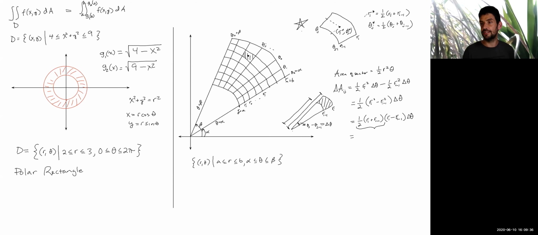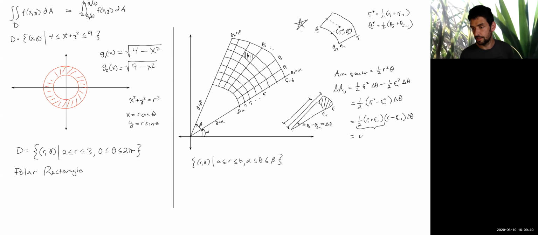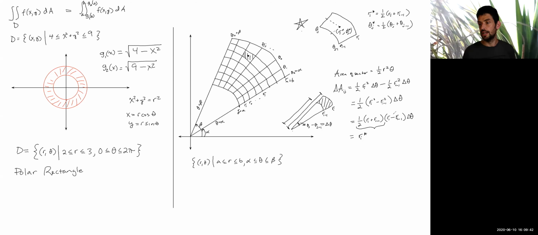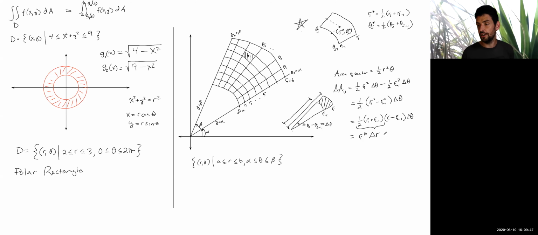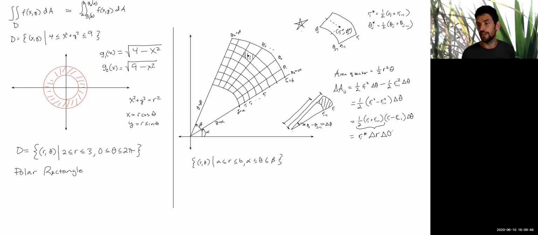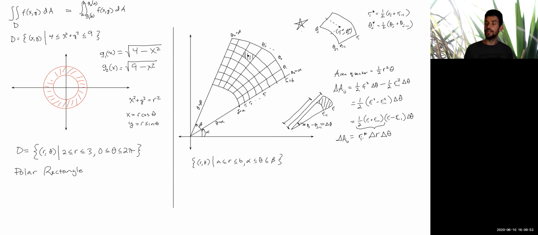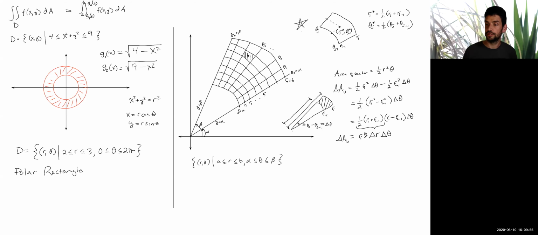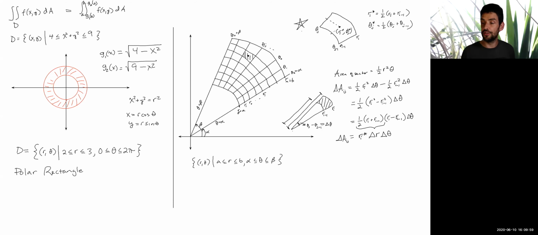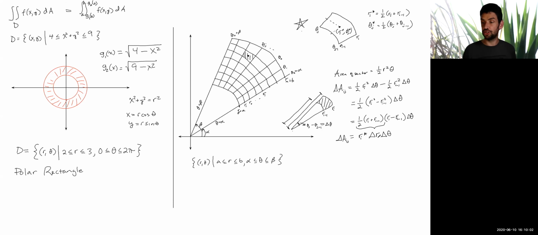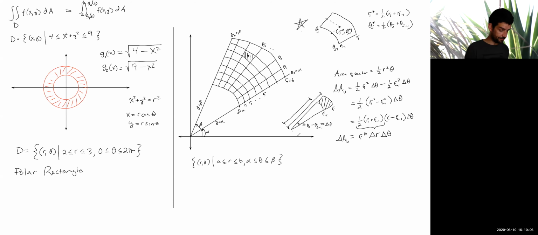That is exactly r_i star, that midpoint. r_i minus r_{i-1}, we can call delta r, and then we've got delta theta. So each little piece of area has this expression: the r value of the center point, times the change in the radius, times the change in theta.